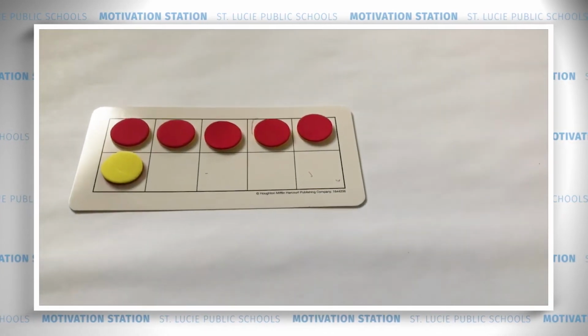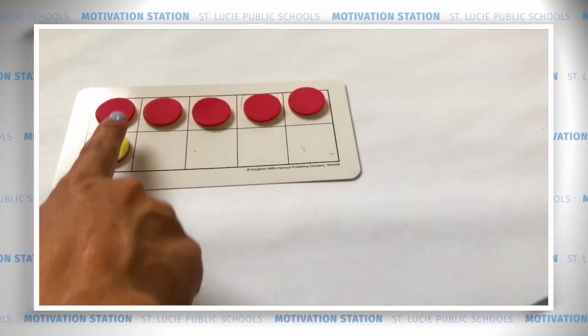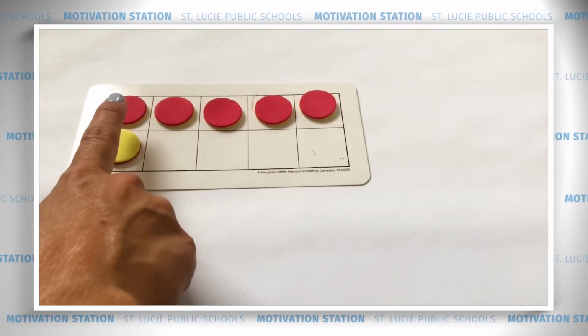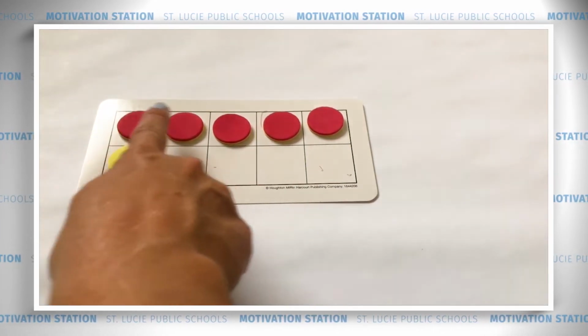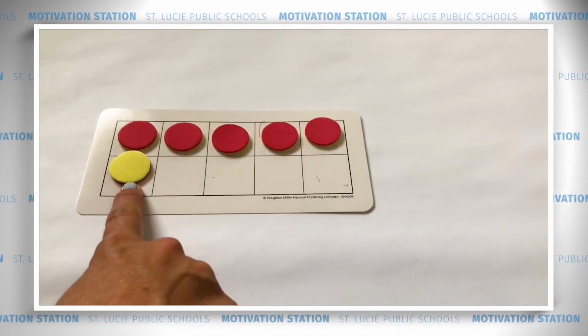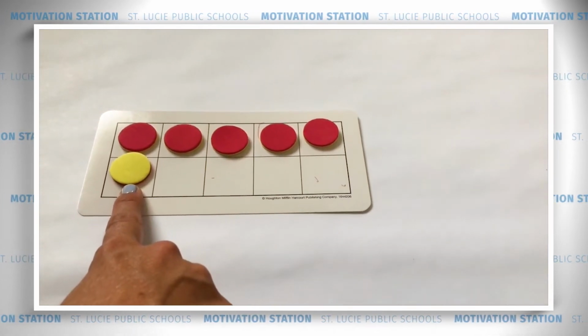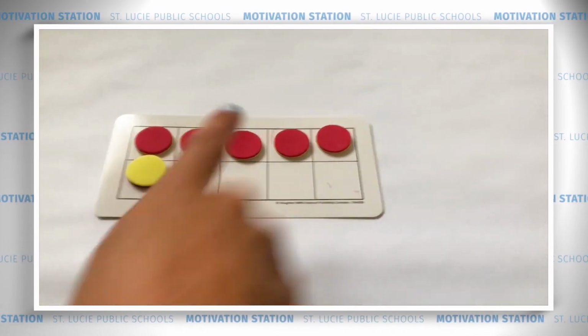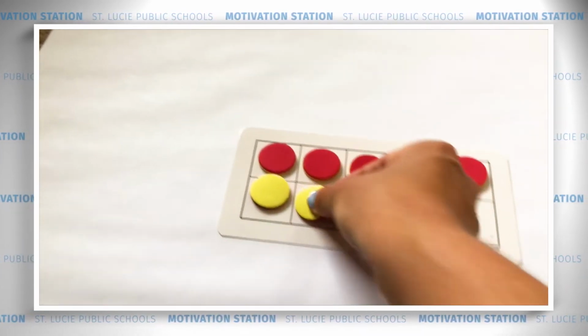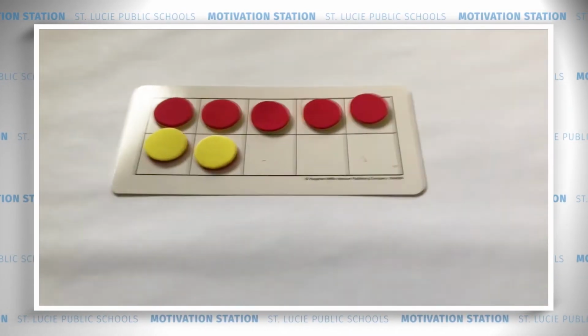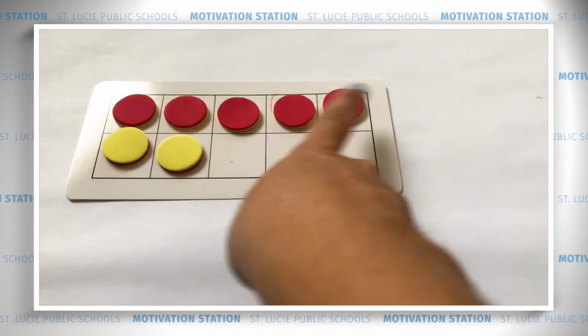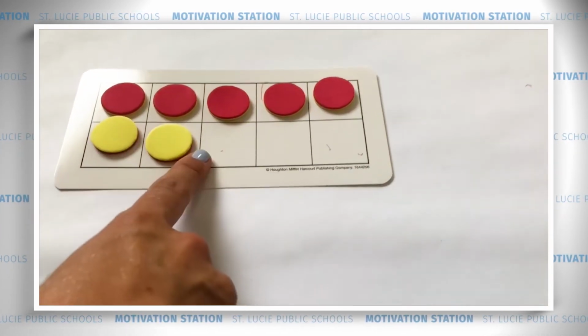Now we're going to start with 5. And we're going to count on 1 to get 6. So here's 5, 6. I don't have to count the 5 because I know there are 5 counters in the top row. Okay, so now we're going to count again. Say 5, 6, 7.